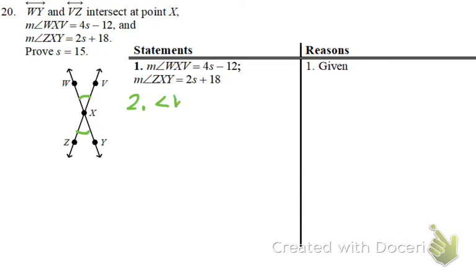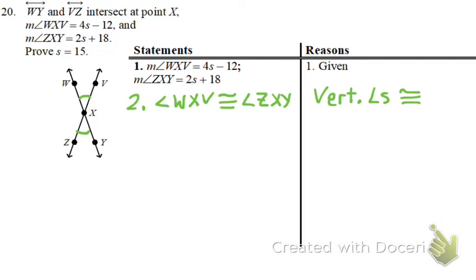So we can say angle WXV is congruent to angle ZXY. And you can say vertical angles theorem, if you remember that, or you can say vertical angles are congruent. Anytime you have vertical angles, they're congruent.